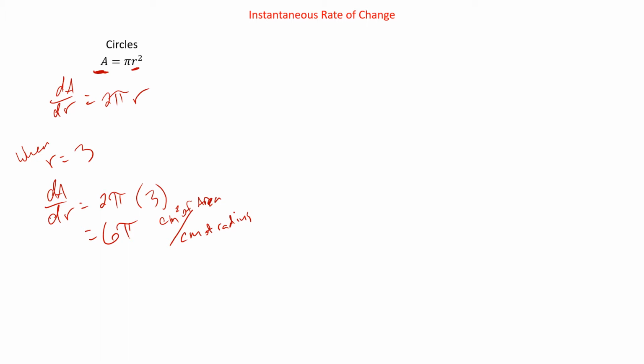So circles is something that you'll see a bit of because it has a nice equation. We could do cubes too. We could look at the volume of a cube. We could do the surface area of a cube, but surface area of a cube is going to be 6 times x squared, where x is side length. So we could do the surface area, but I think doing volume could be more fun. So the rate of change of the volume, dV over dx, we multiply by 3, so we have 3x squared.